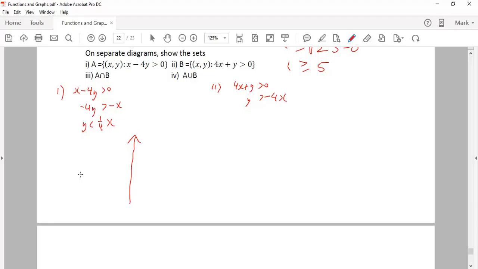So you know that this is going to be a straight line that goes through the origin. We can label a point on it if we want: if x equals 1, y would be a quarter.